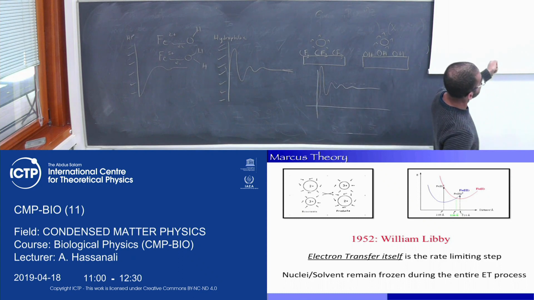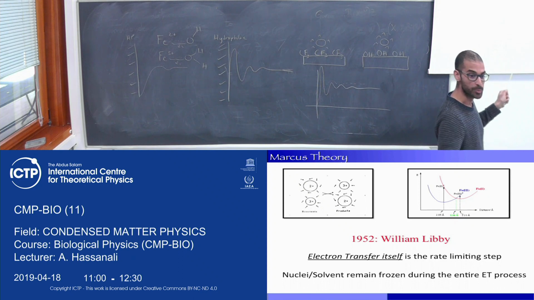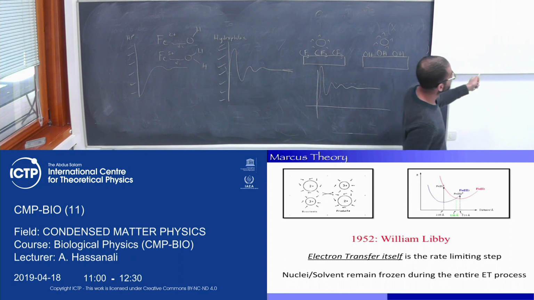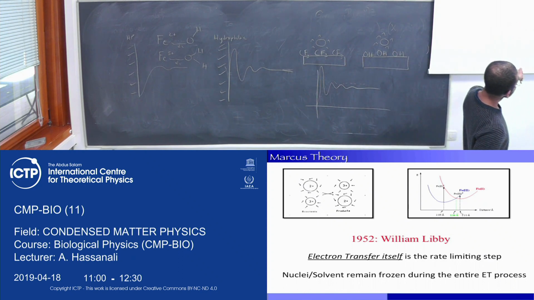And these reactions were known experimentally to take place without the presence of light. So that happened in the dark. And so one of the consequences of these two assumptions is that it violates energy conservation, for the following reason. If it happens in the dark, and I have two potential energy surfaces, the Fe3 and the Fe2, the only way that you can go from this surface to this surface is through a vertical transition, if you're not allowed to move along this coordinate.